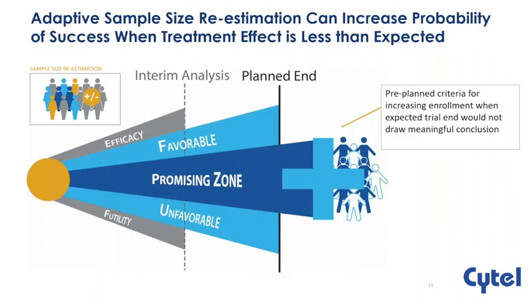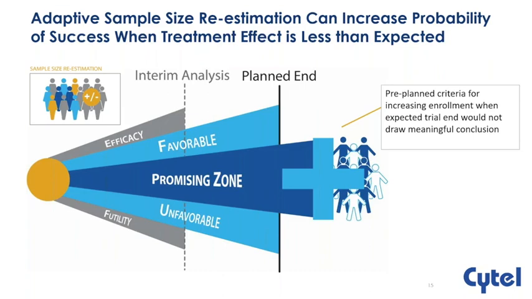Adaptive sample size reassessment is more and more becoming business as usual, thanks largely to Cytel, but some other authors as well. This has become a very common design. It does address the same question, uncertainty about treatment effect, just like group sequential design, but you start with a more optimistic assumption for the sample size, which is your planned end here.